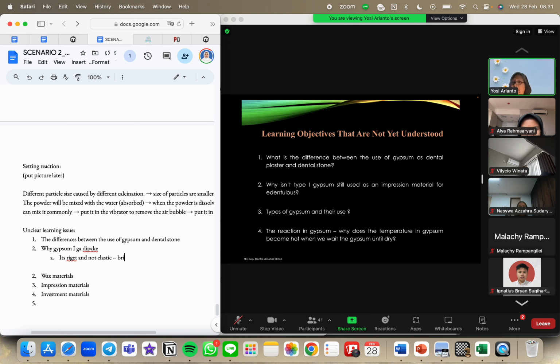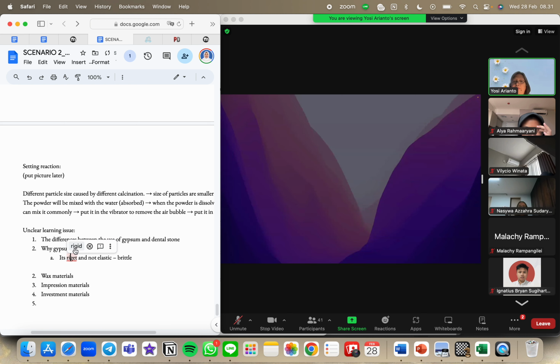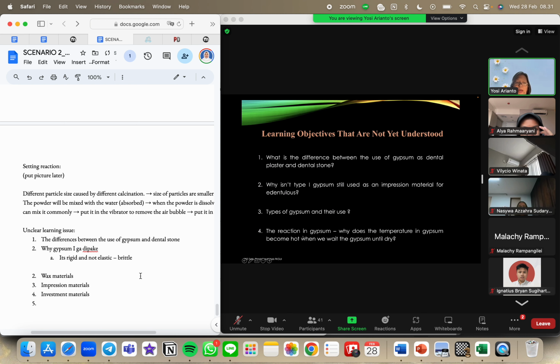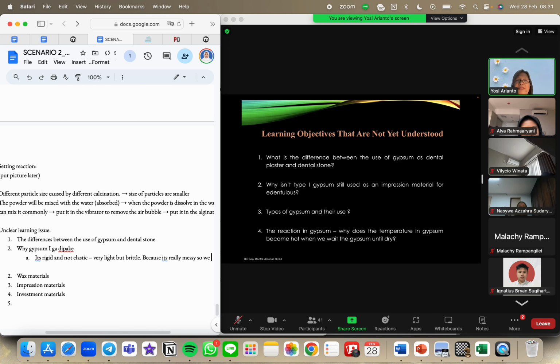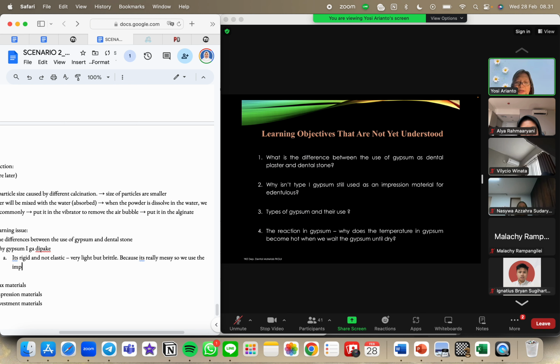Very light, but brittle. So that's why we don't usually use it again, and it's really messy. It is better if we use the double impression or the elastic impression materials. Okay, thank you.